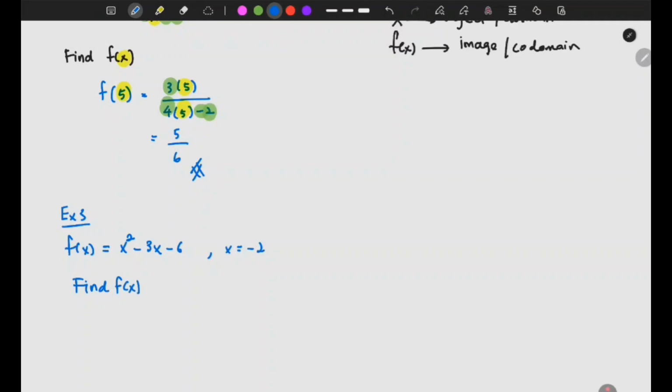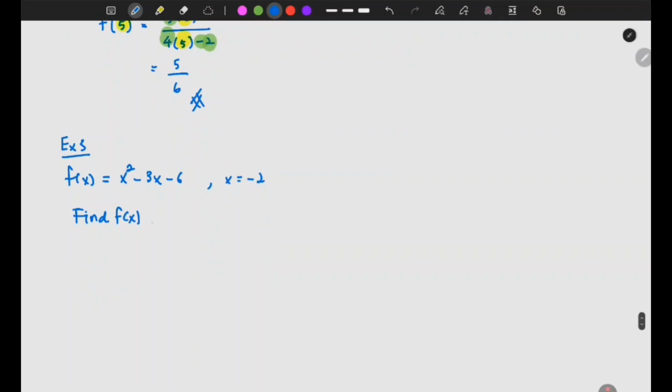No matter how complicated the equation, don't worry guys, you have a calculator. That's the advantage for you. You just key in, substitute in the calculator, and the calculator will do the remaining job for you. Make sure for Addmaths your calculator is in good condition. As long as you know x is -2, you replace all your x with -2 and you get your answer.